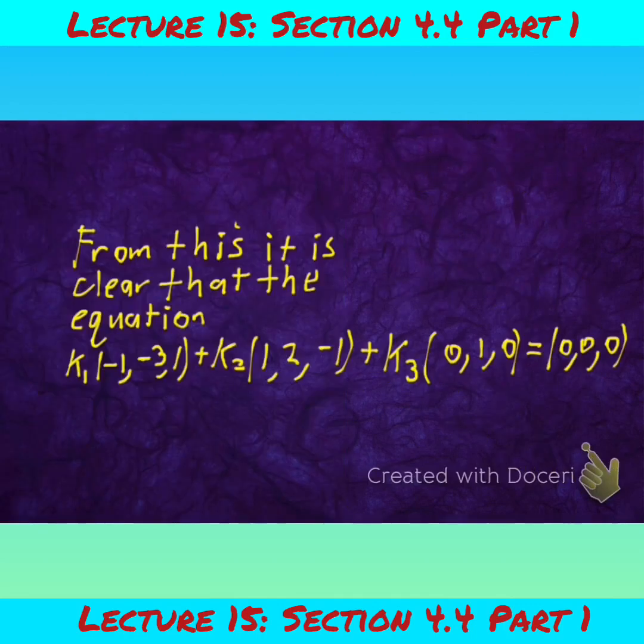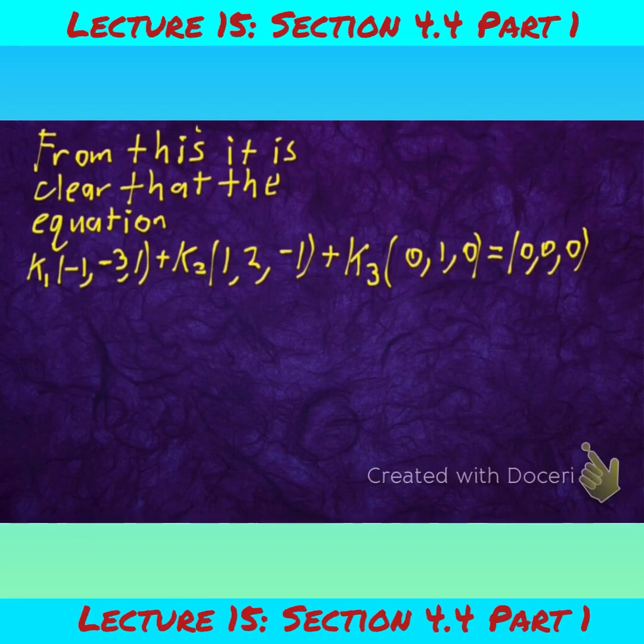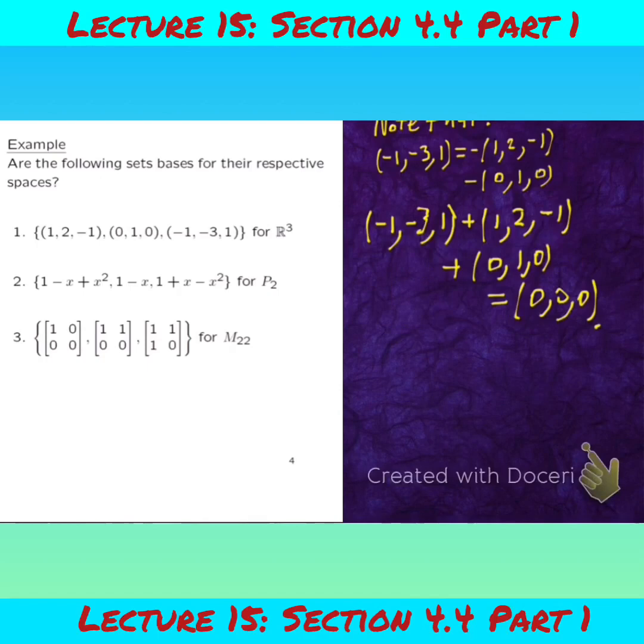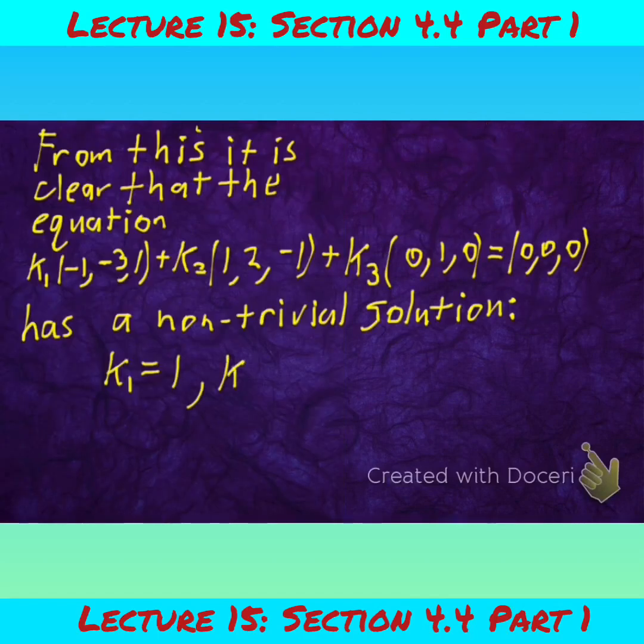From what we've written up until now, you can clearly see that this equation has a non-trivial solution, and the non-trivial solution is K1 equal to 1, K2 equal to 1, and K3 equal to 1.